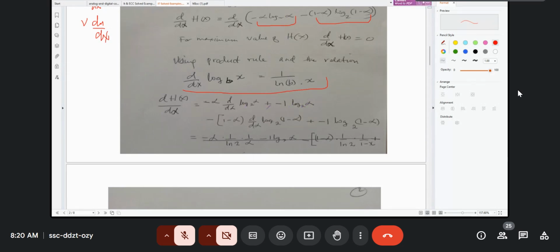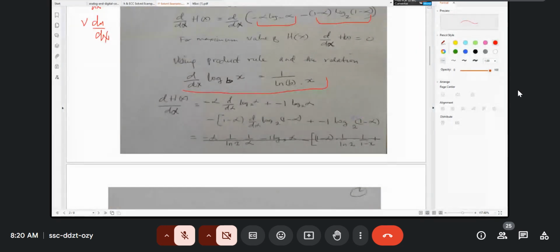The second case is minus 1 minus alpha d/d alpha of log 2 of 1 minus alpha, plus, again, minus 1 times log 2 of 1 minus alpha.